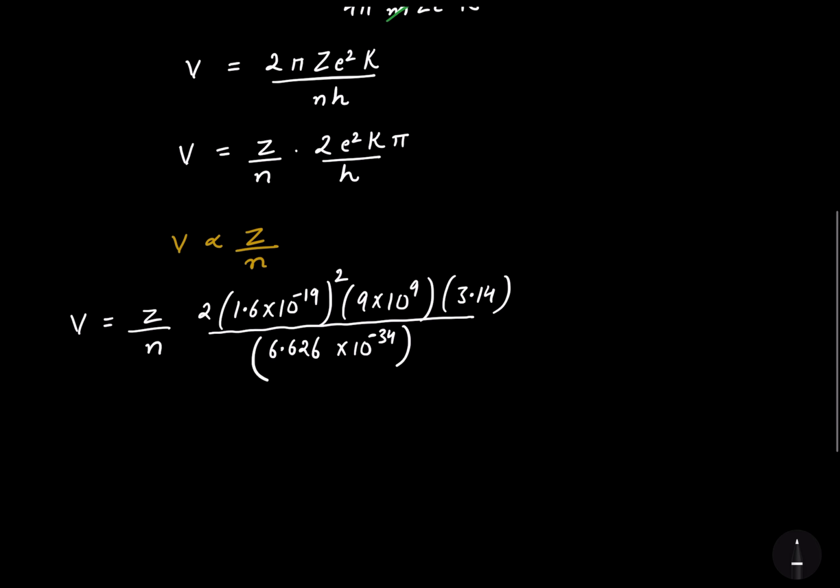After evaluating all the values, my velocity comes out to be 2.18 into 10 to the power 6 into z divided by n, and the unit is meters per second.